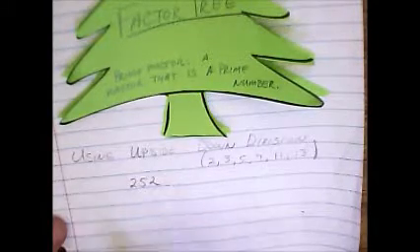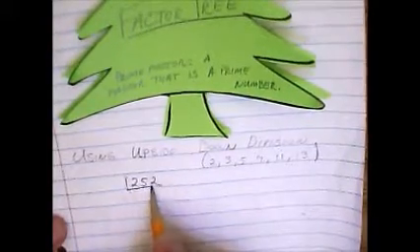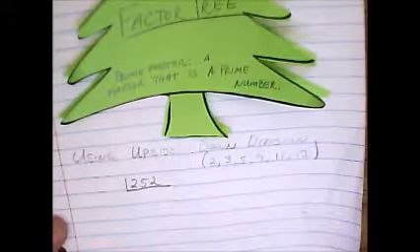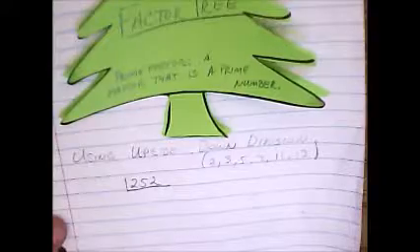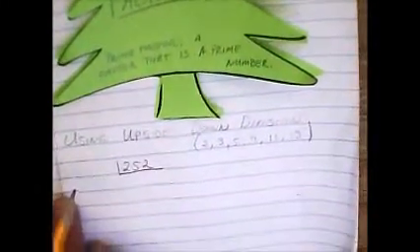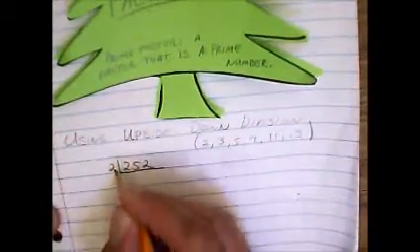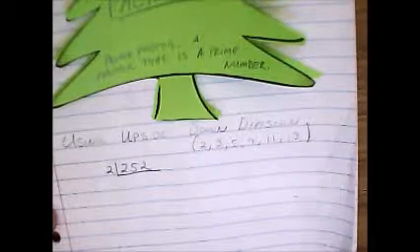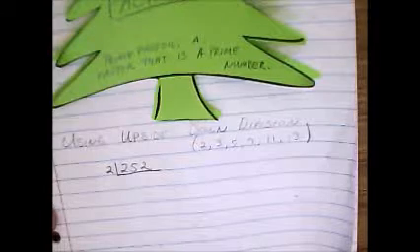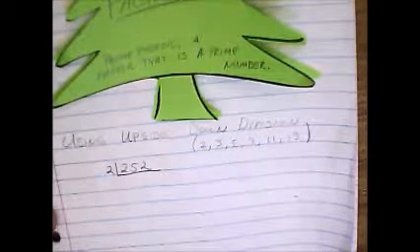So here's where we're going to start. We're going to put an upside down division bracket underneath that number. Go ahead and do that in your journals. Then we're going to put a 2 right next to that. So it's just like a division problem, but the bracket is upside down.